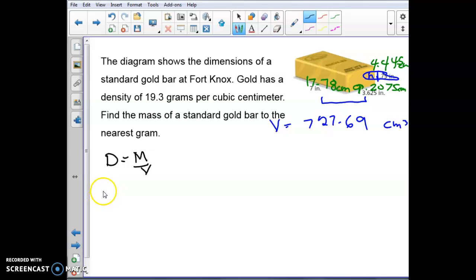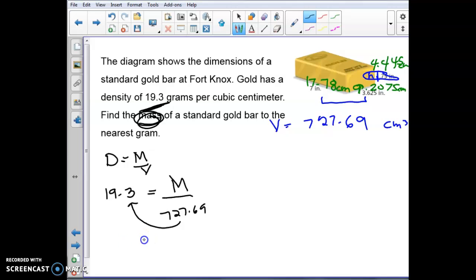The density is given in the problem, which is 19.3. It's equal to the mass, but we don't know what that is, so let that be M, over the volume, and we got that, 727.69. So to find M, let's multiply this over here on the left-hand side.